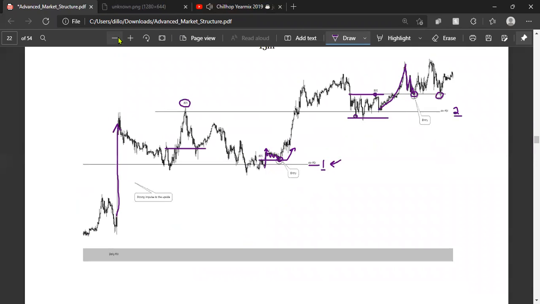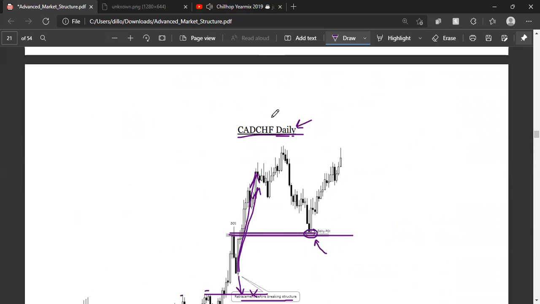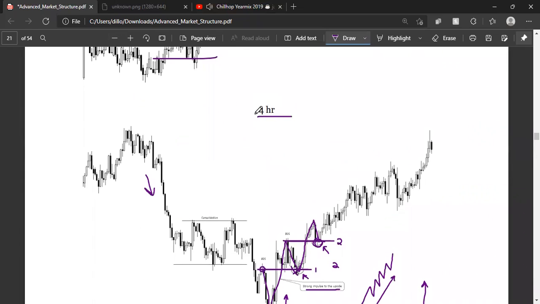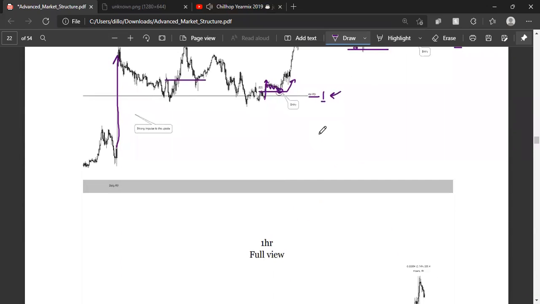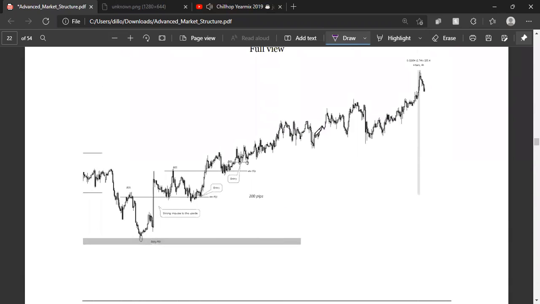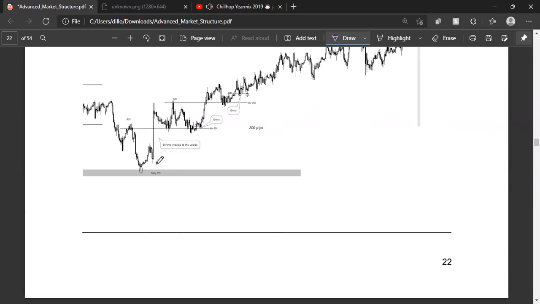Now that was a breakdown from the daily down to the 4-hour, down to the 15-minute. So here's what everything would look like on a full view of the 1-hour time frame. So look right here.